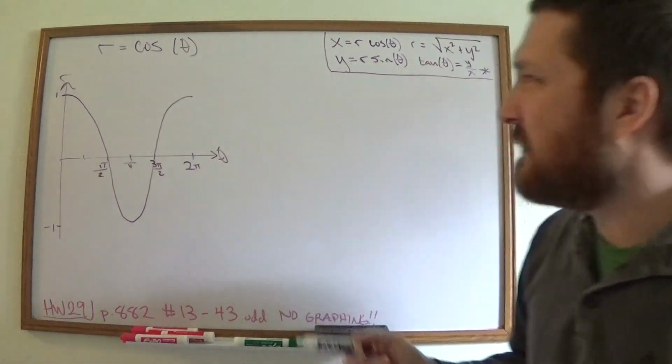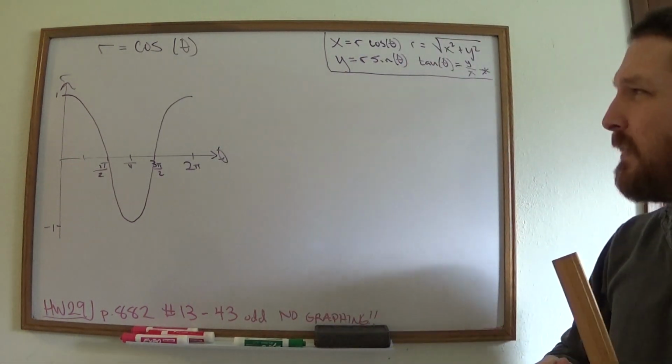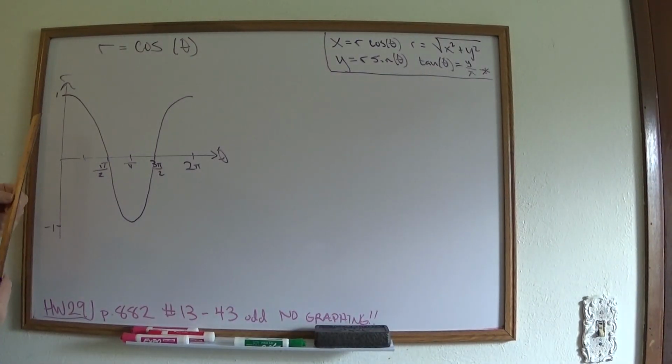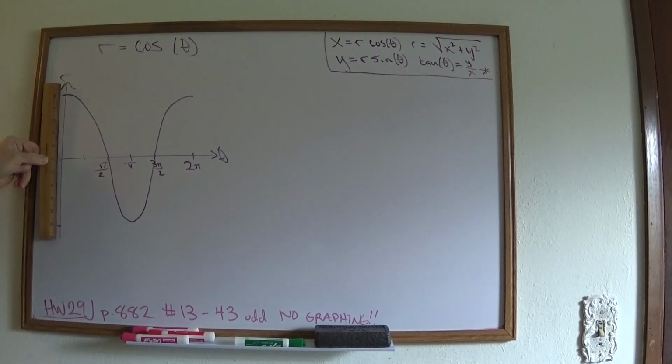Let's talk about what this graph is. Okay, so one way to think about this is, if I think about the output, the r, as being the value here, the height, right? I mean, that's what we've been doing forever, right? We think about the output of a function as a height on the y-axis here.